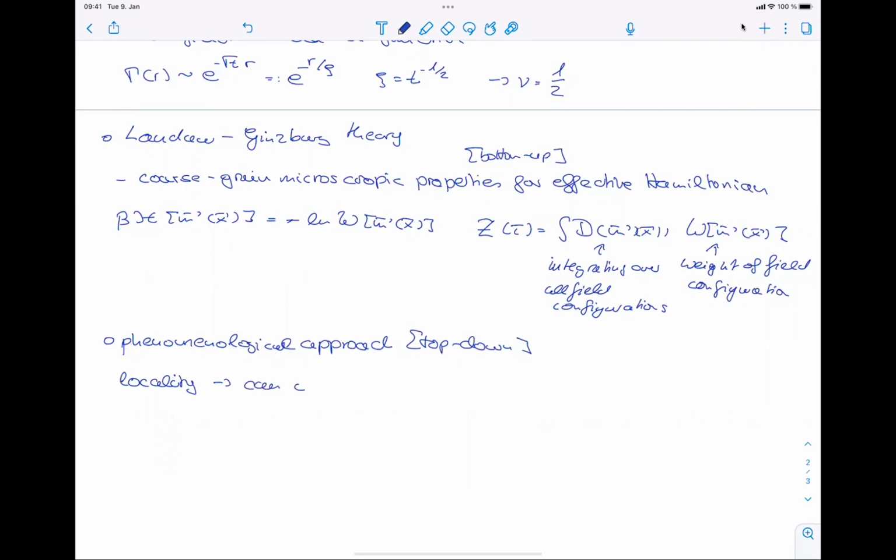So my beta H then becomes a product over integration over states.